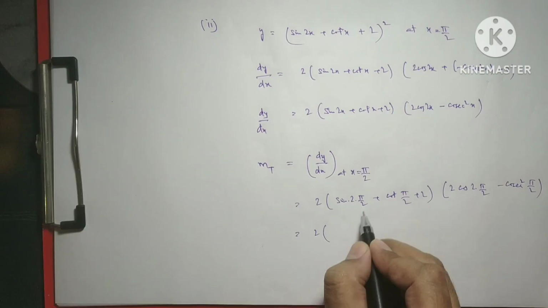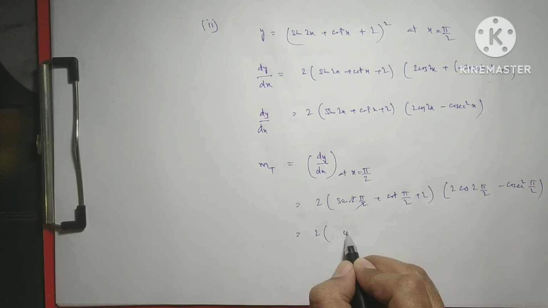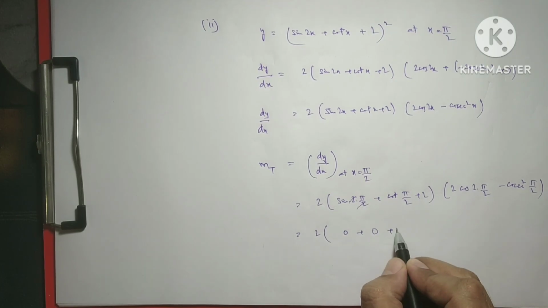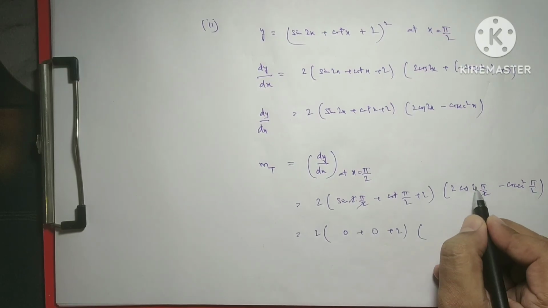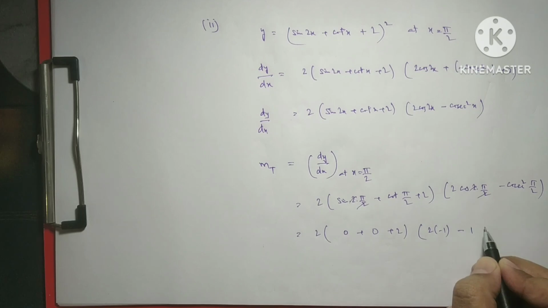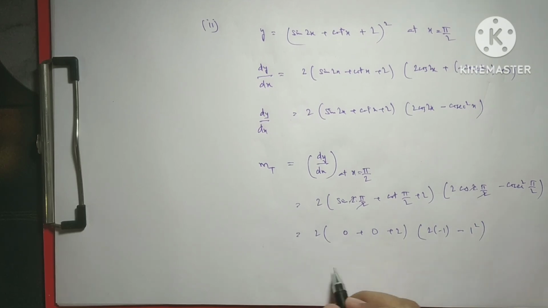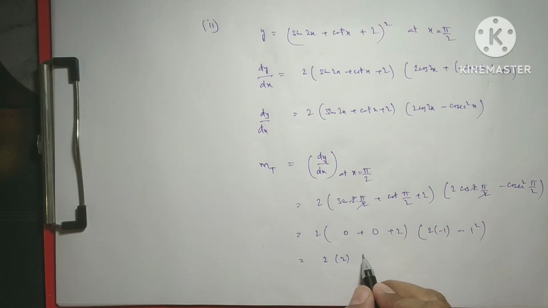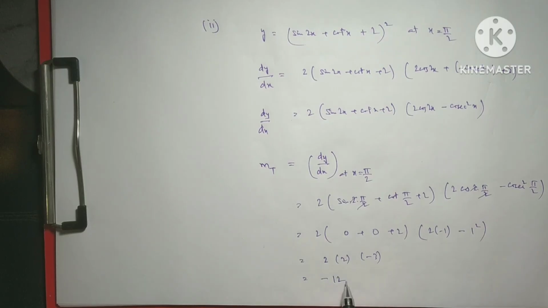So it is twice, this sin pi is 0, and cot pi by 2 is also 0, plus 2, and this is cos pi, that is minus 1, and this is 1. So it is 2 into 2 into (minus 2 minus 1, which is minus 3), so we get minus 12.